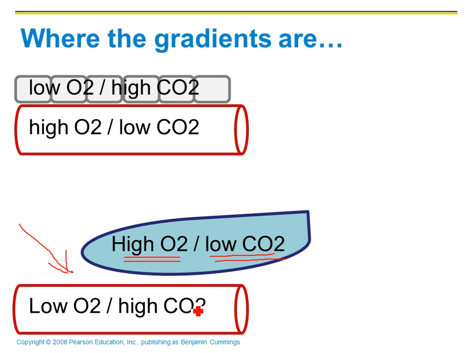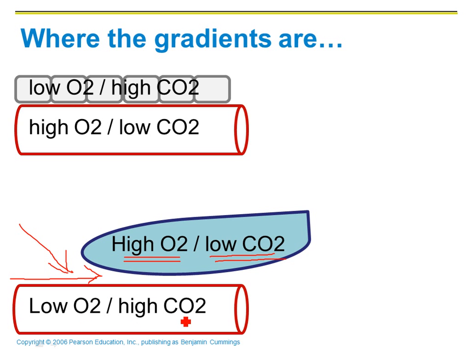If we look at the blood as it comes into a capillary around an alveolus, we see the opposite is true. Just a few heartbeats ago, this blood was in the systemic circulation. So remember, this blood is deoxygenated. The blood coming in here is low in O2, but the partial pressure of CO2 is very, very high.